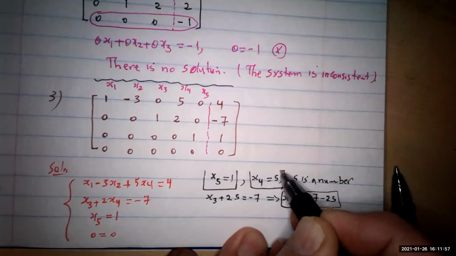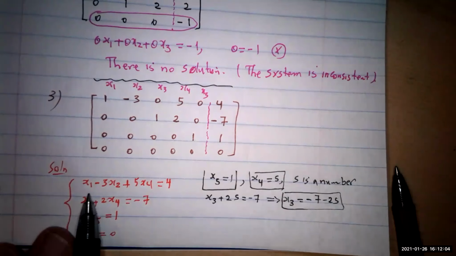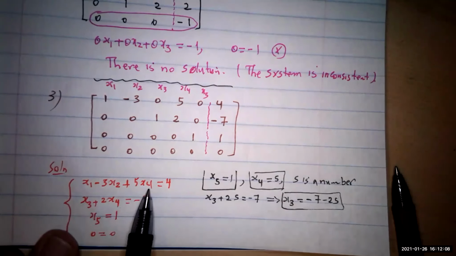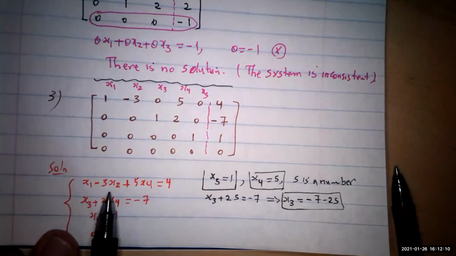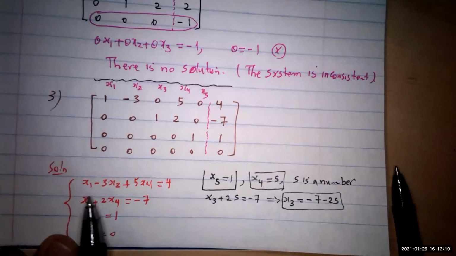Okay, so I have the x5, x4, and the x3. So I go to this equation. I've already got the x4, but I don't have the x2 and I don't have the x1. Remember, I can pick 2 free variables. I've already got the x4, so I have to pick one of them, x1 or x2, to be free.